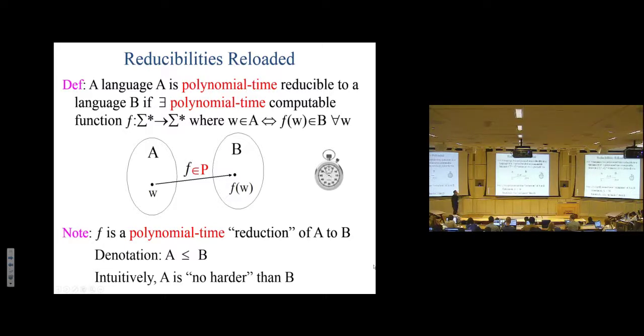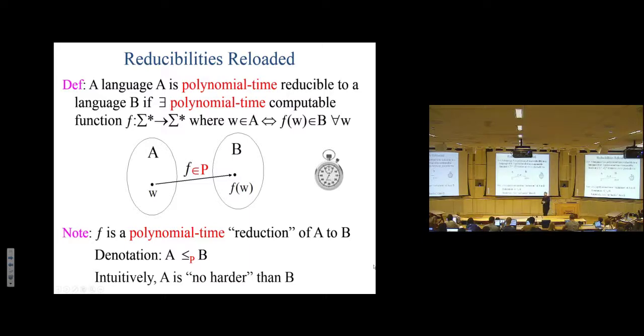So if you can solve something efficiently in B, and by efficiently I always mean polynomial time, any polynomial, square, cubic, quartic, but not exponential, that's not a polynomial. So if something is solved polynomially efficiently in B, and f runs in polynomial time, now you can solve stuff in A in polynomial time also. How? Transform it into B, solve it in B, and you know the answer to A, because f preserves members to members and non-members to non-members.